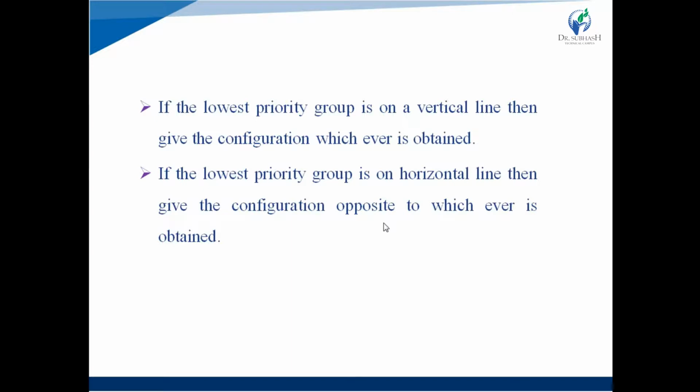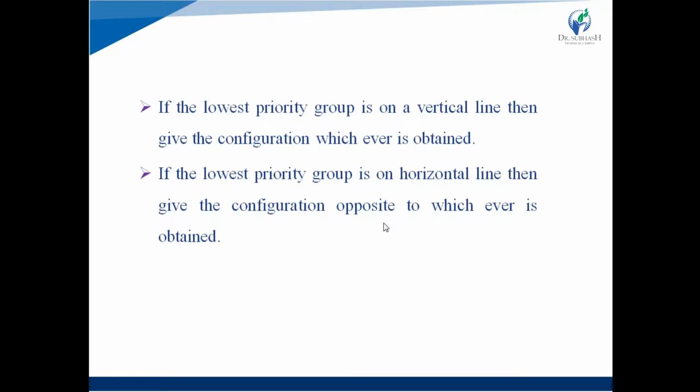So when we want to keep the lowest priority group out of plane or away from us, rotation of the groups or atoms attached to the chiral center is done, right, for keeping the lowest priority group out of the plane or away from us, right?